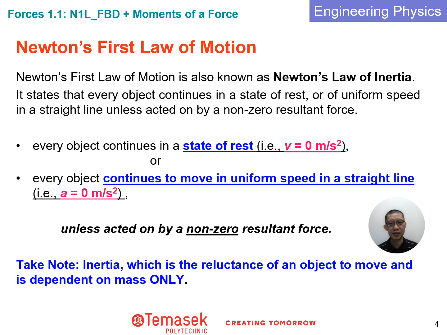This means if there are balanced forces, an object won't change its state of motion, that is, it stays at rest or continues its state of uniform speed in a straight line. Remember, inertia depends only on mass. The greater the mass, the greater the resistance to motion.